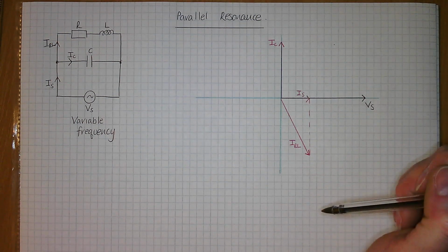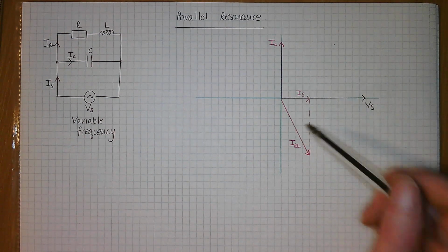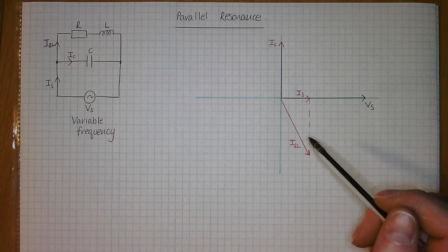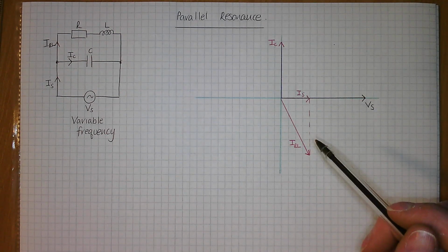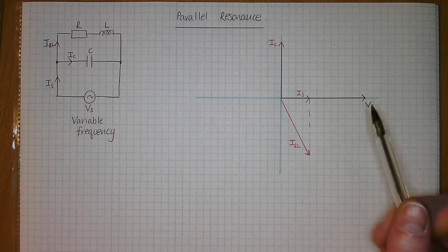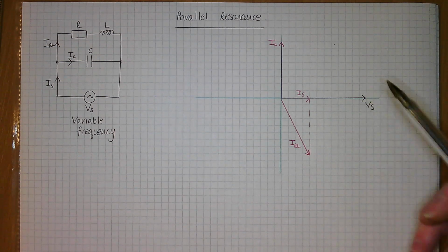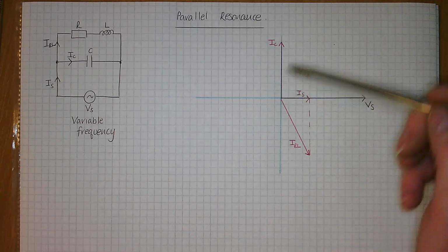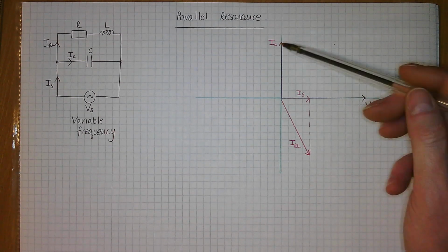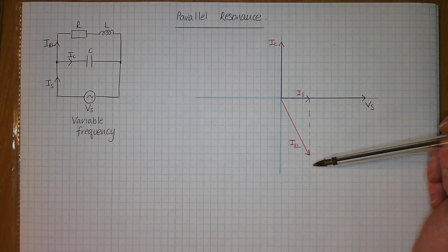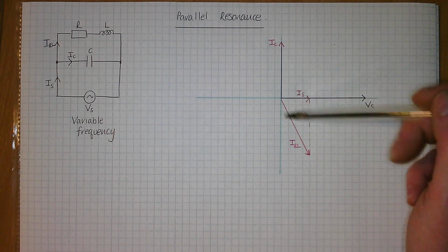What you should notice about this one that's different from the last one, in a series resonant circuit you can get voltage magnification. So you can get big voltages across the capacitor and the inductor compared to the voltage across the resistor. In a parallel resonant circuit, you can get big currents across the capacitor branch and the RL branch and only have a small supply current.